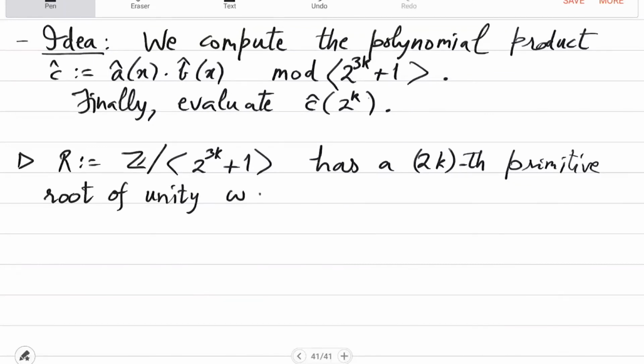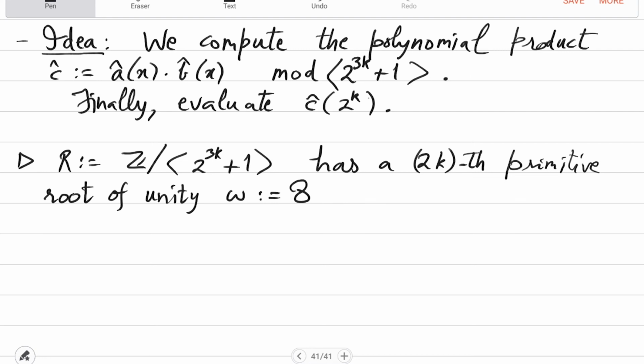So what is this omega? Well, 2 cubed is 8, and in this ring 8 to the k plus 1 is 0. So 8 has order 2k, right? So omega is 8. That is perfect, because you don't need a complicated construction to get omega. Omega is just as simple as going modulo that number.